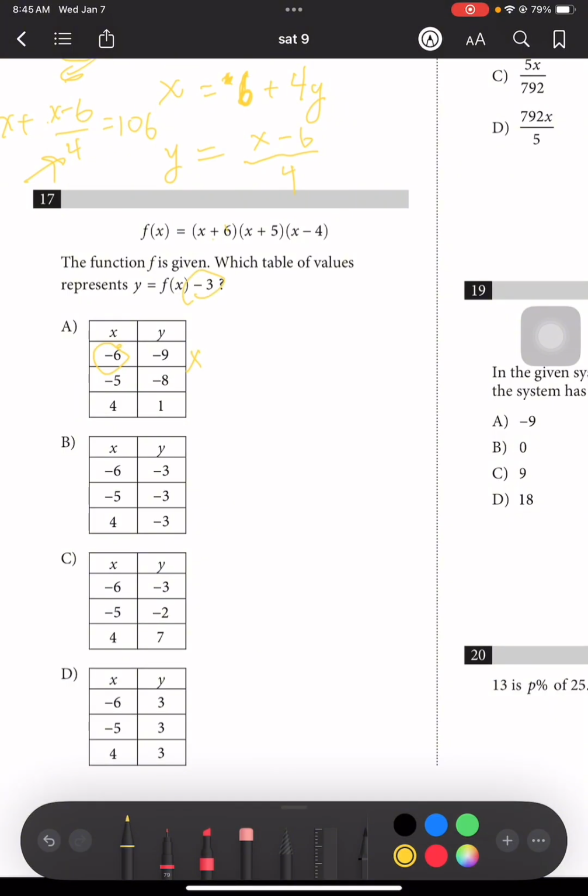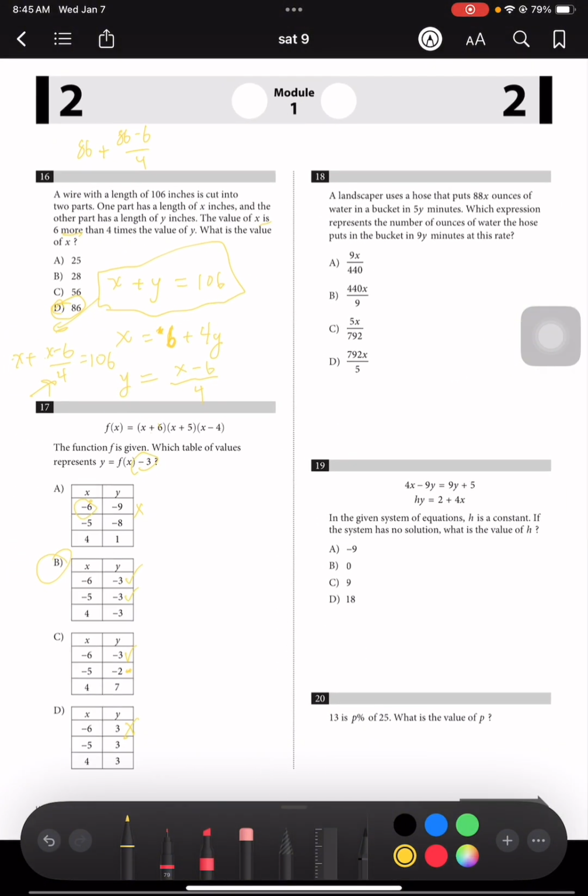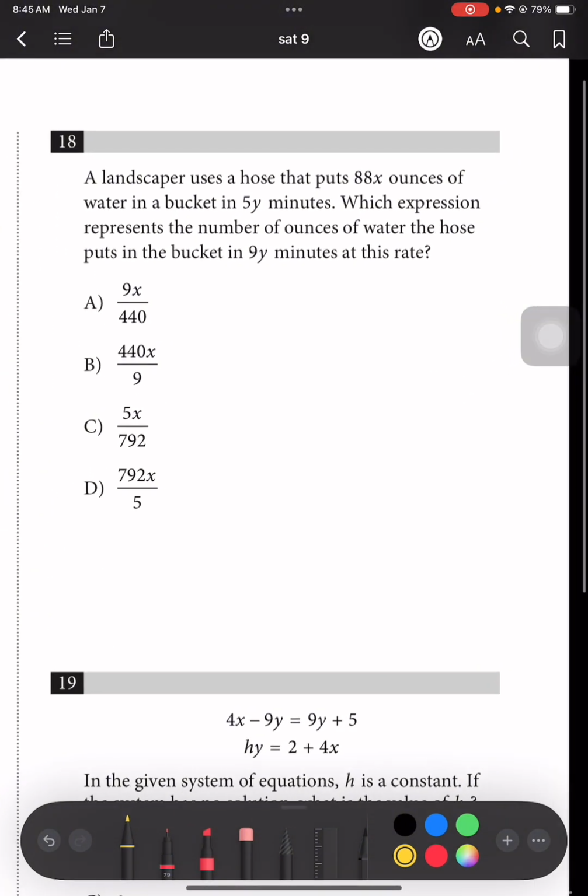So, yeah, wrong. Alright, between these two, what's the difference? Well, plug in some other number here. Okay, so a negative 5. Yeah, that's right. So B. Because they got negative 2 here. I'm done with that.